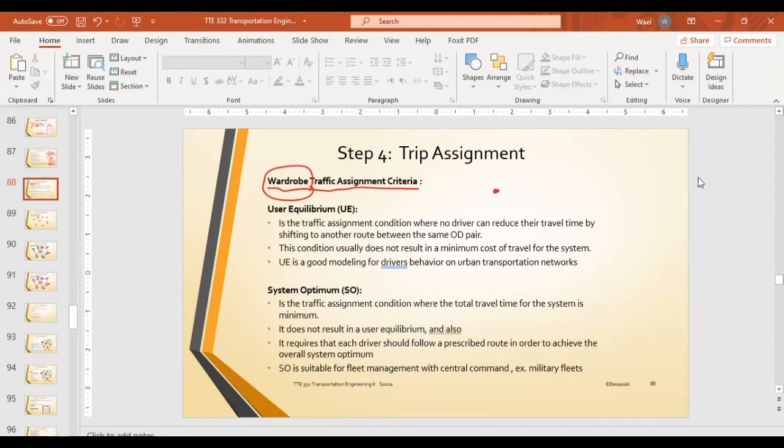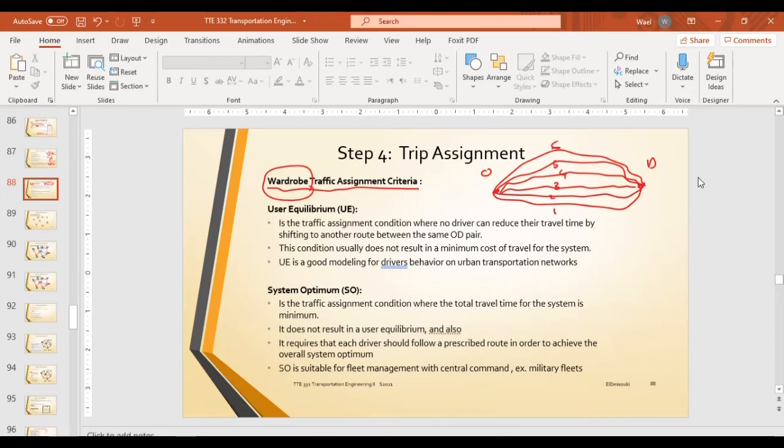Here we have an origin and here a destination, and this is the first route, this is the second route, third route, fourth route. Say the travel times here are, for example, 1, 2, 3, 4, 5, 6.